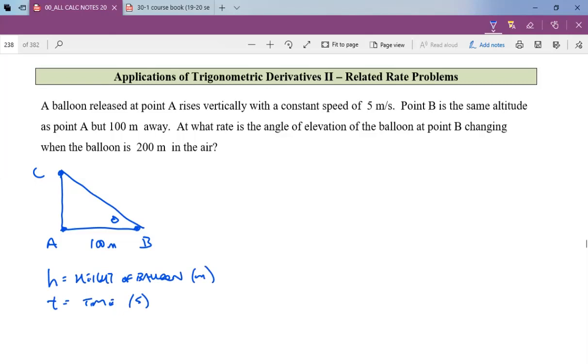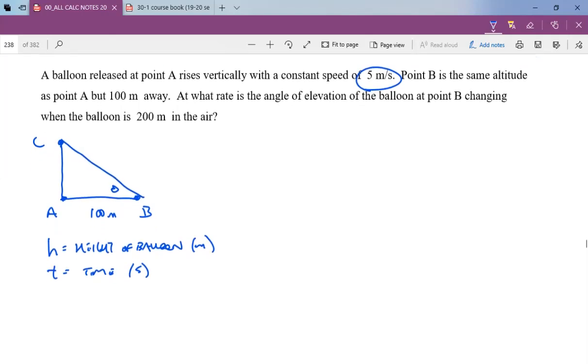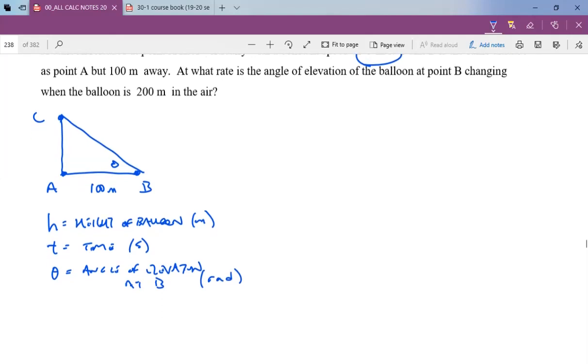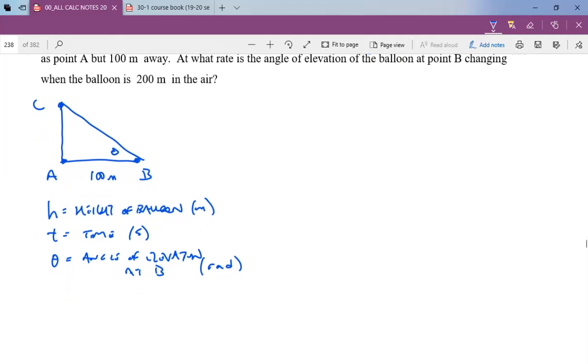We know that it's being measured in seconds because it gives us the speed that is measured in meters per second. And theta, the angle of elevation at point B. Our units on this is in radians. And we're ready to go.